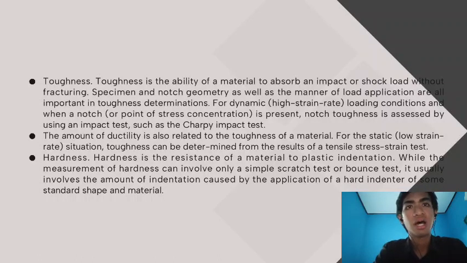Next, hardness. Hardness is the resistance of the material to plastic indentation. While the measurement of hardness can involve only a simple stress test on a bond stress, it usually involves the amount of indentation caused by the application of a hard indenter of some standard shape and material.